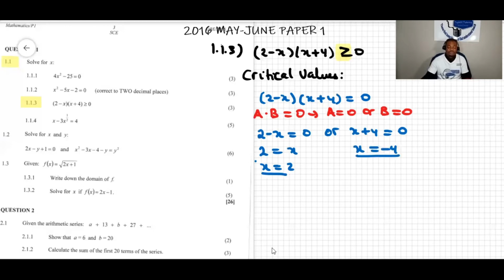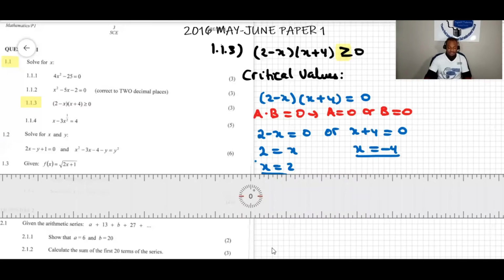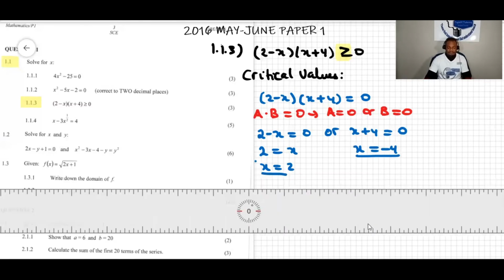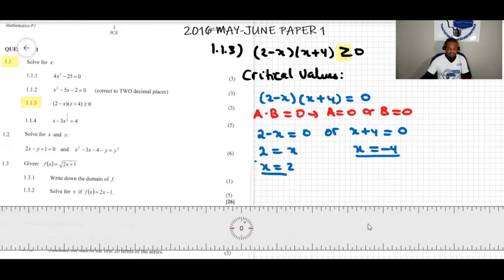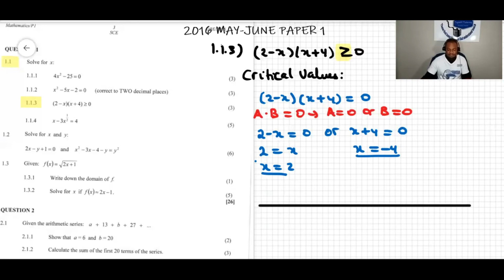Now I can draw the number line and plot my critical values. We plot the critical values in ascending order, so I cannot put 2 and then negative 4. There must be an ascending order. So I'm going to put negative 4 there and then 2.